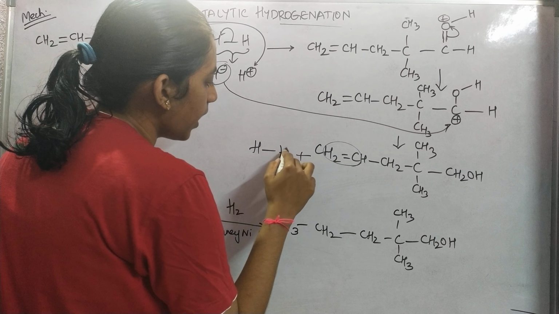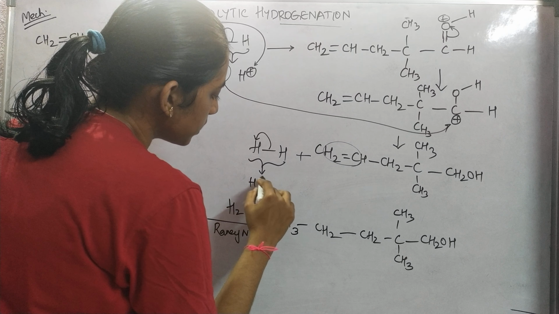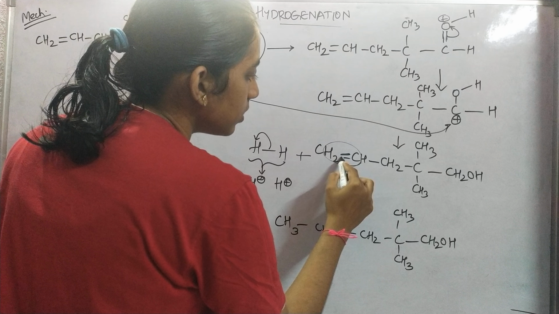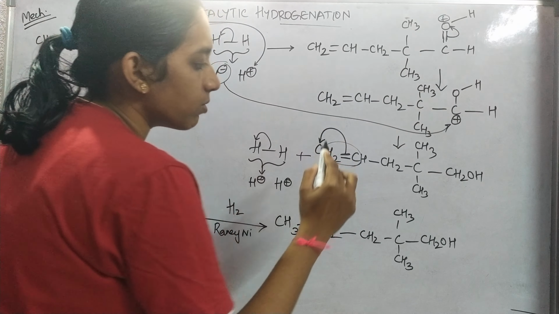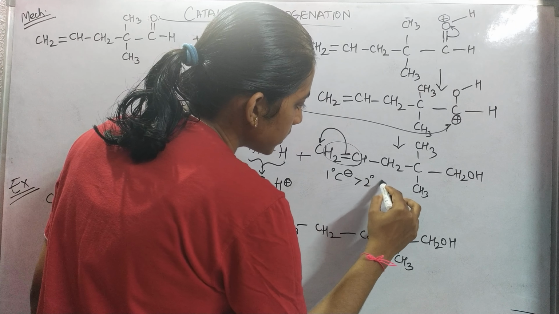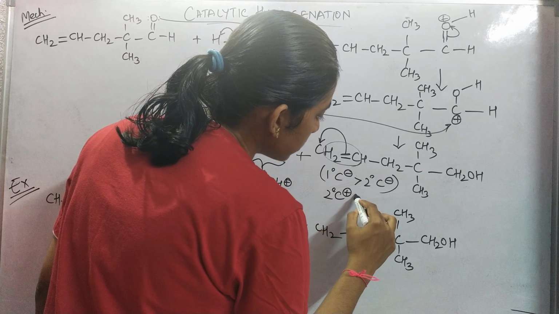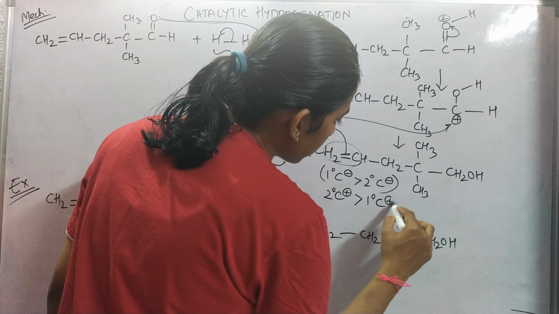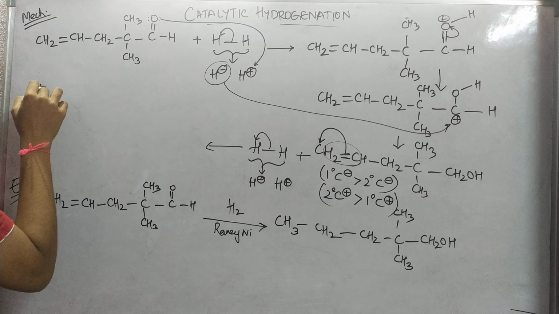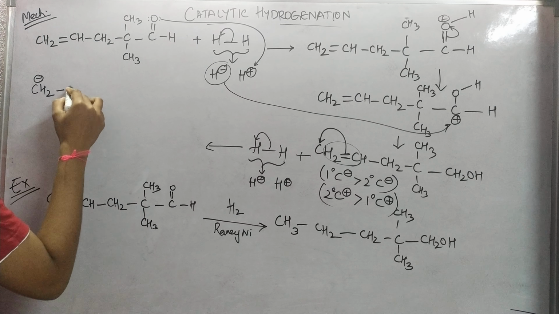For that we will again add another H2 molecule. Again this H2 will be dissociated as H minus and H plus. Here this double bond will be taken by this carbon because primary carbanion is more stable than secondary carbanion and secondary carbocation is more stable than primary carbocation. So what will be the product here? CH2 minus, this carbon gets a negative charge.